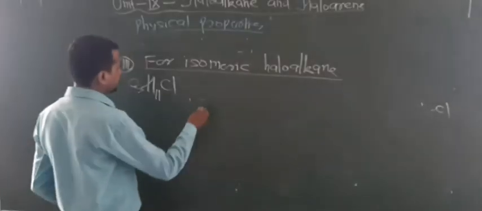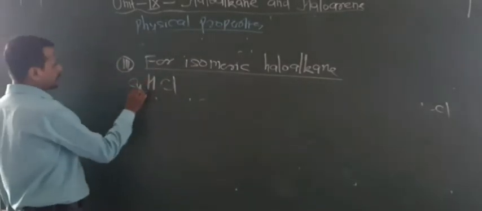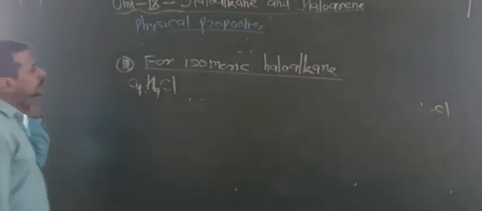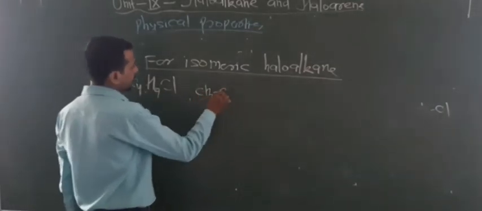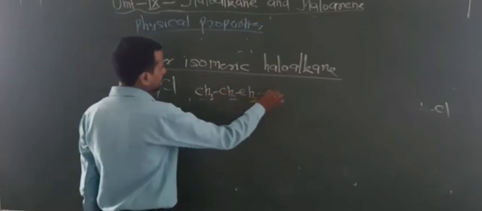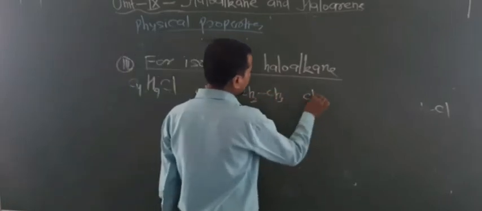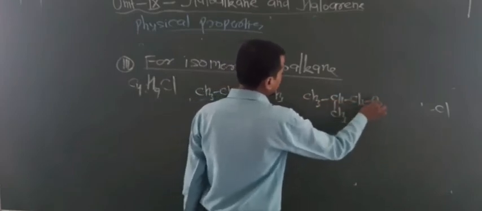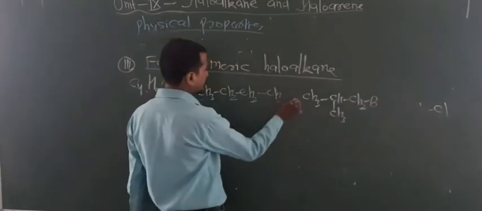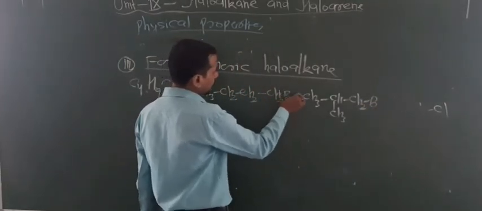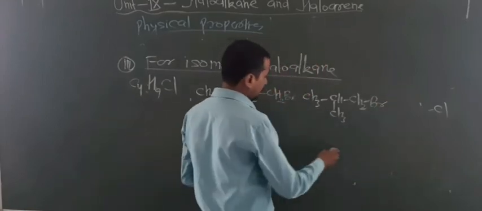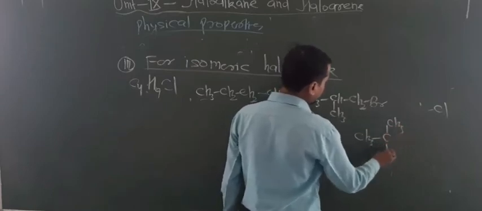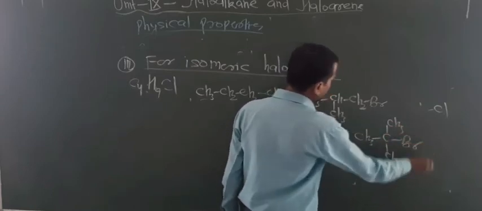Look here, for C4H9Br. CH3, CH2 and CH3, then CH3, C, CH3, CH, CH2 and Br here, then one more branching occurs also, CH3, C, CH3 and Br.